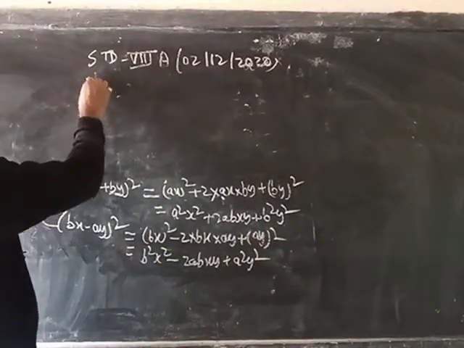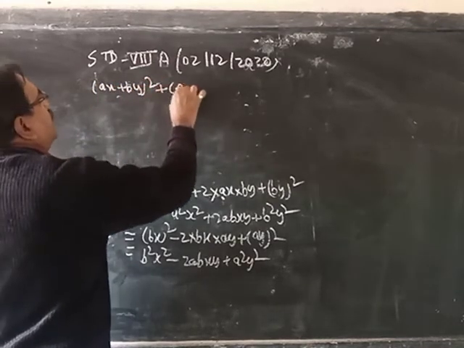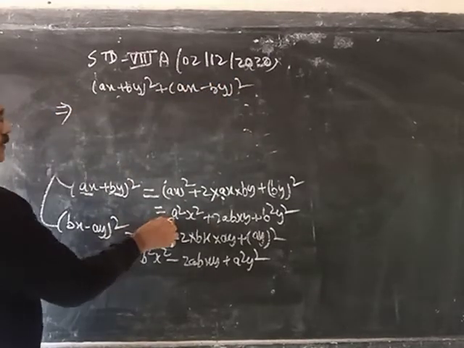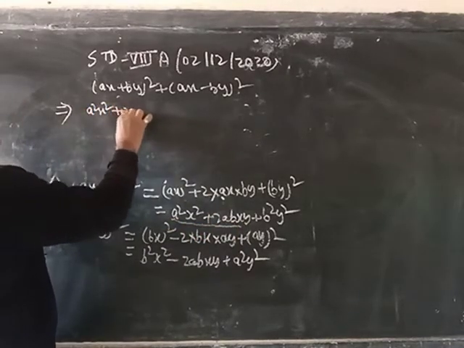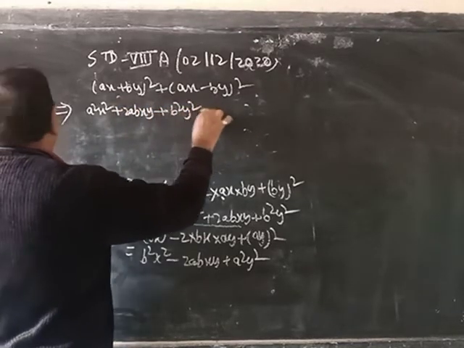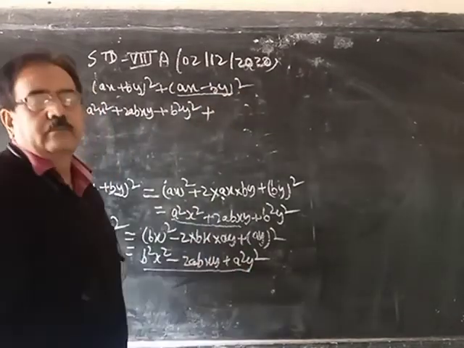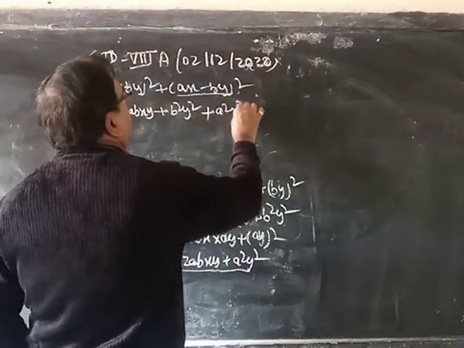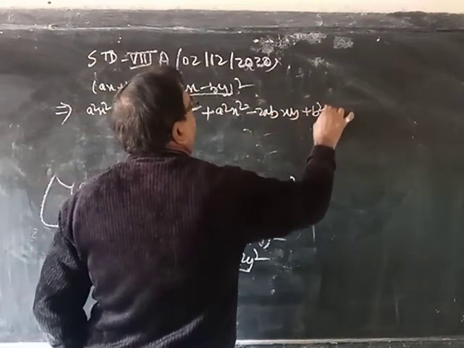So the question is ax plus by whole squared plus ax minus by whole squared. The first result is a squared x squared plus 2abxy plus b squared y squared, plus this result: a squared x squared minus 2abxy plus b squared y squared.